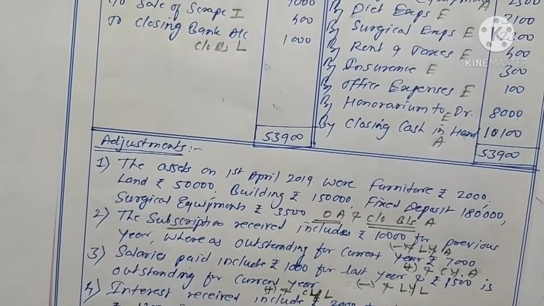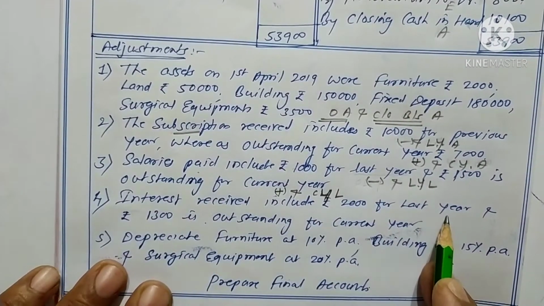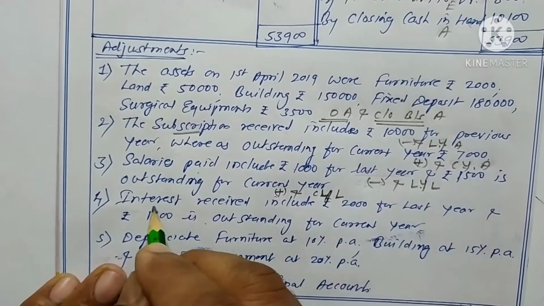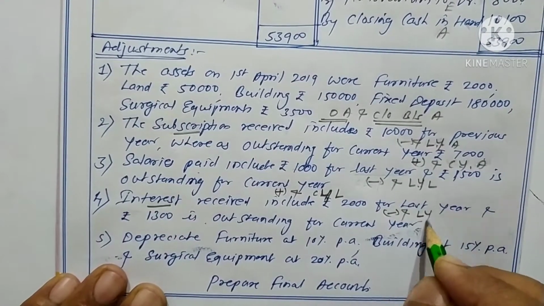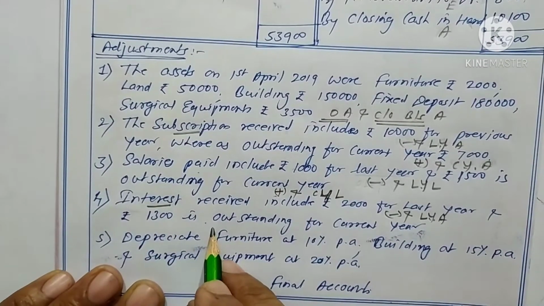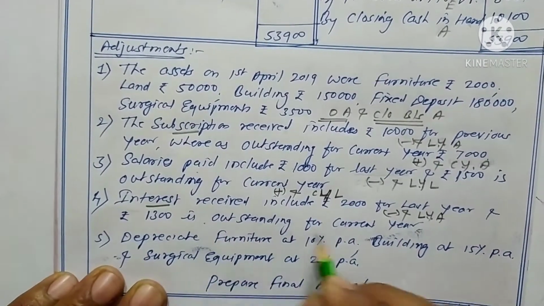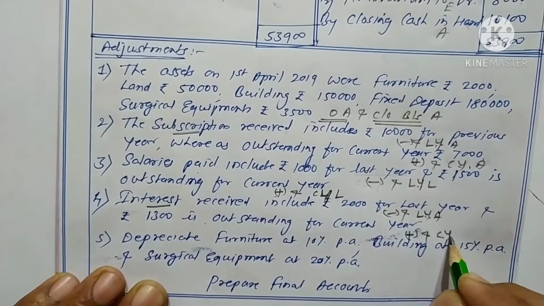Now the fourth adjustment. Interest received includes 2,000 for last year. It is to be deducted from the interest account, and second effect is last year, asset side. And 1,300 is outstanding for the current year. It is to be added in the interest account, and second effect is current year, asset side.